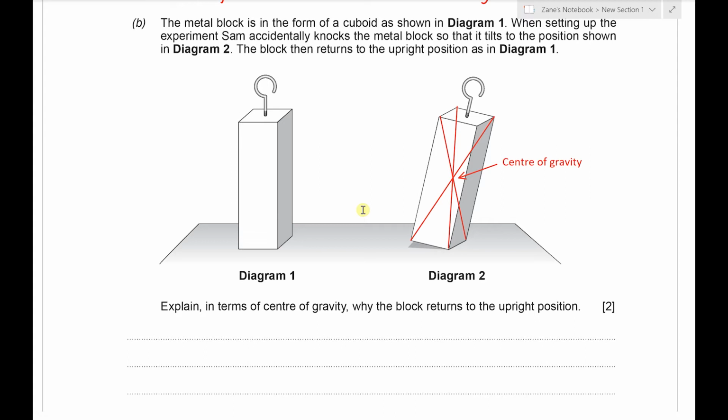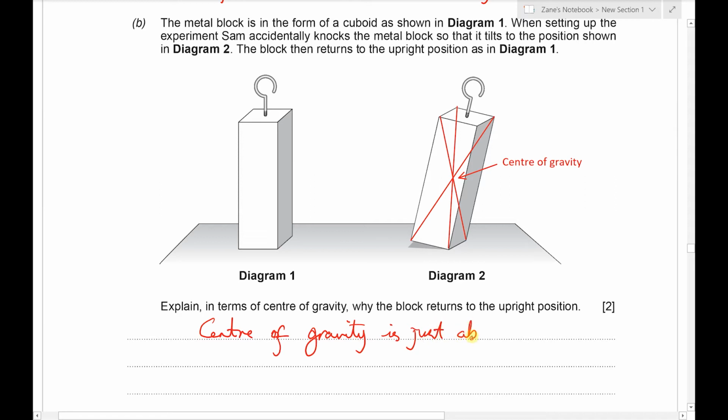So I've added a few lines to the diagram, joining opposite corners of this block, and where those lines cross, that will be the centre of gravity of the object, and here we can see that that centre of gravity is just above the base. So let's start with that. What happens there is that the weight of this object will cause an anti-clockwise moment.